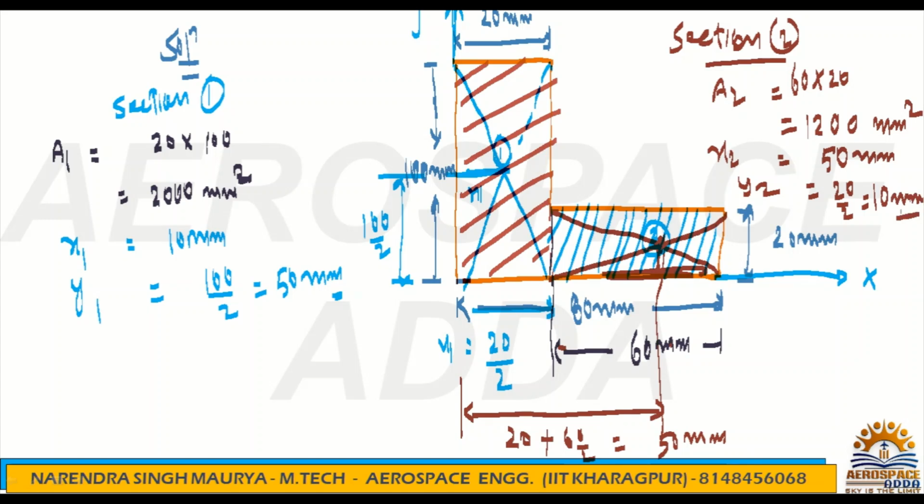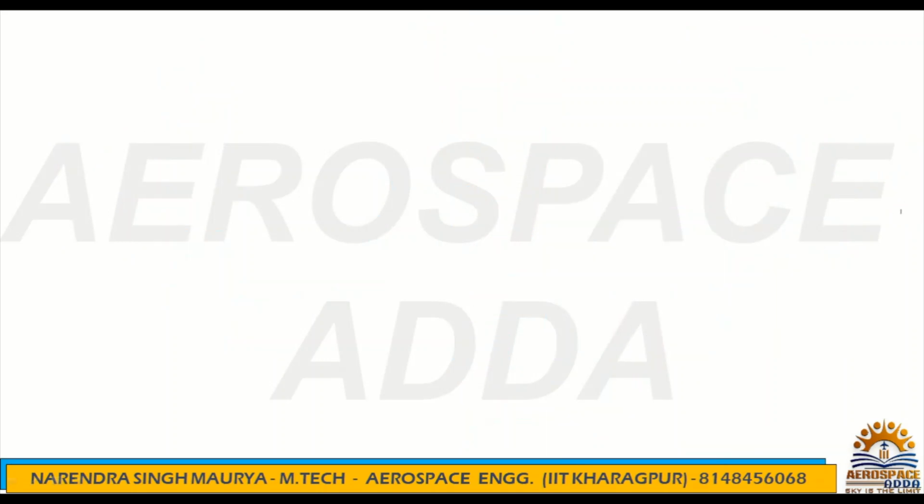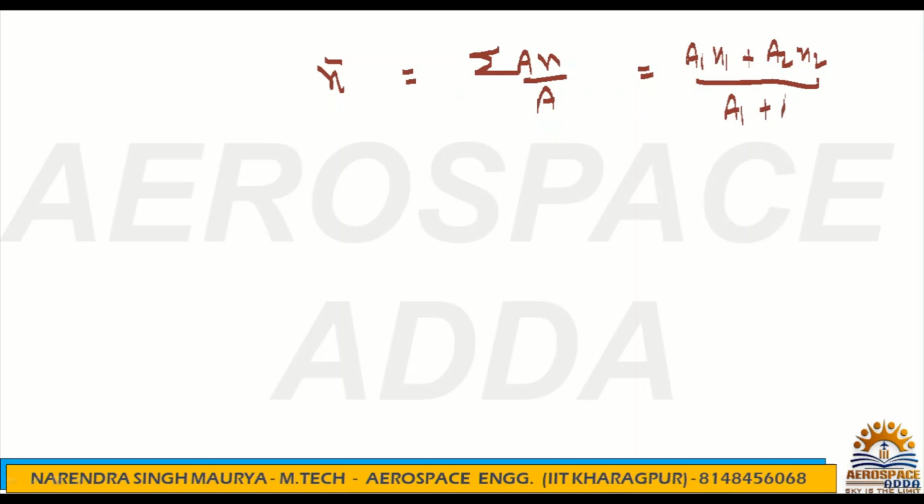Now if you want to calculate the centroid, x bar is the summation of a x divided by summation of a. That means a1 x1 plus a2 x2 divided by a1 plus a2.